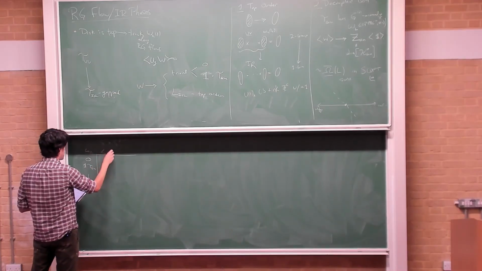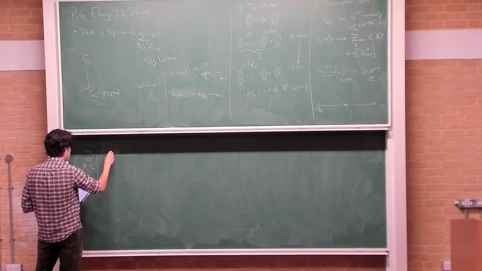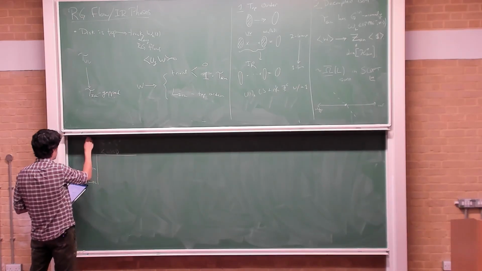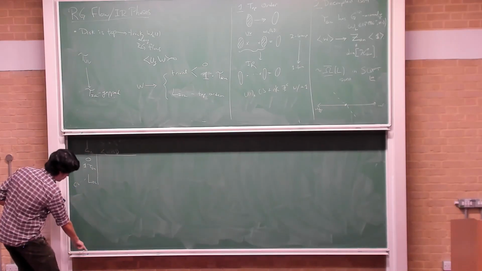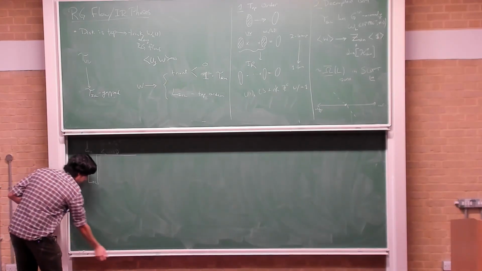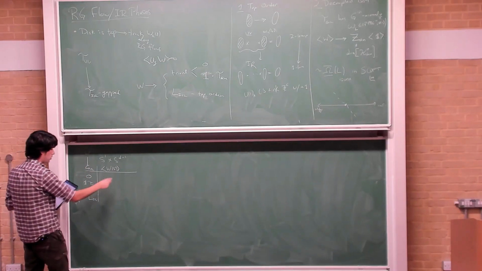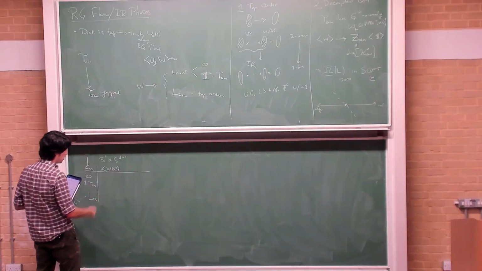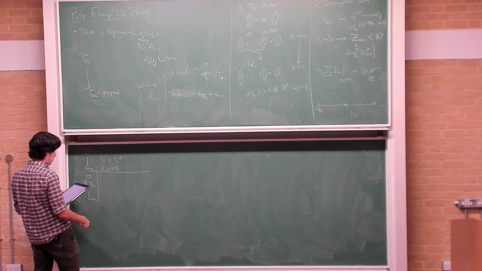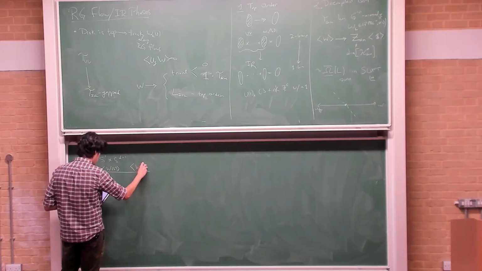So I'm going to look at the expectation value of the UV Wilson line in 2 different ways. I want to look at it wrapping the non-contractible S1, and also wrapping some contractible curve gamma.